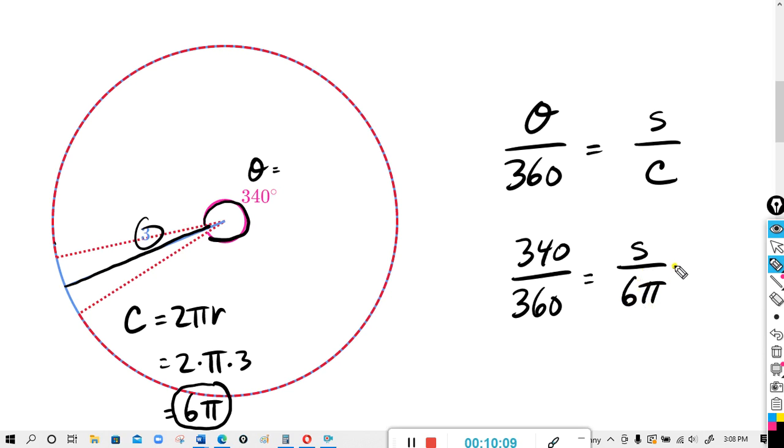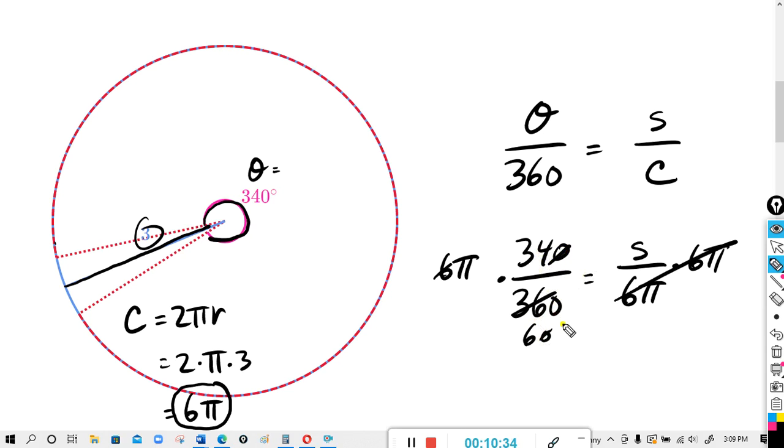Solving for S. The opposite of dividing by 6 pi is multiplying by 6 pi. It cancels here on the right. 360 divided by 6 is just 60. 340 divided by 60, let's see. Divide top and bottom by 10, you lose the 0.